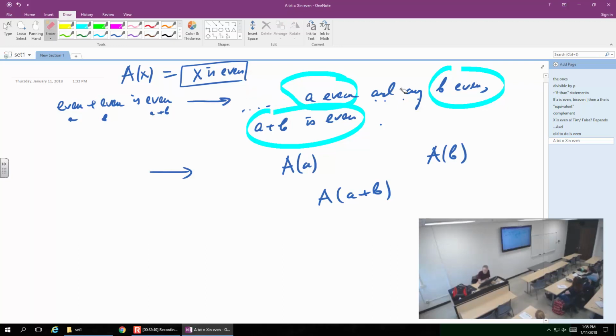I think it will be slightly easier. Let's say if a is even and b is even, then a plus b is even. So how do we translate these three words into symbols, filling these missing parts?